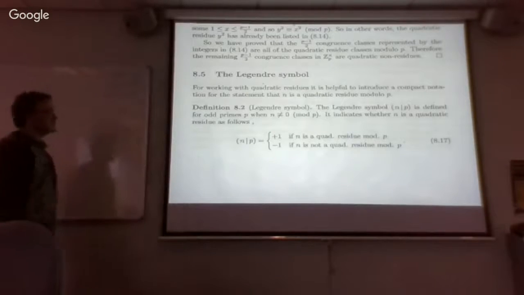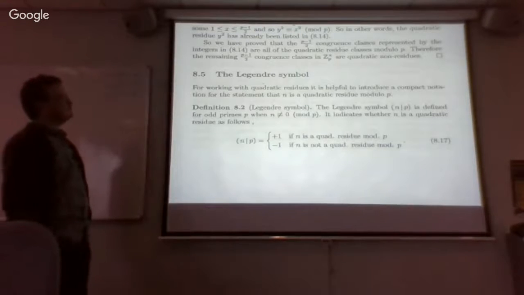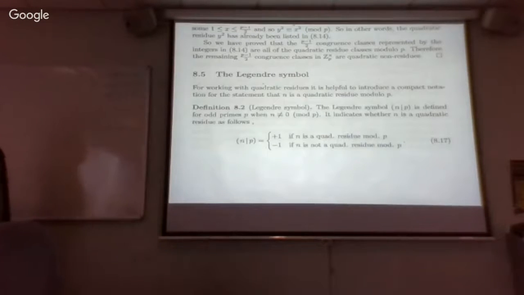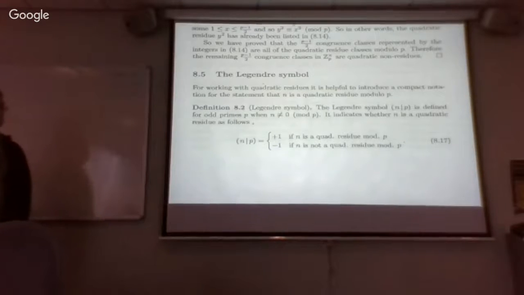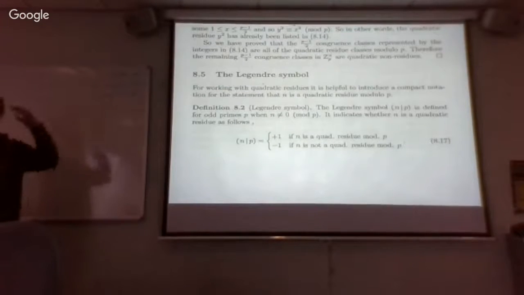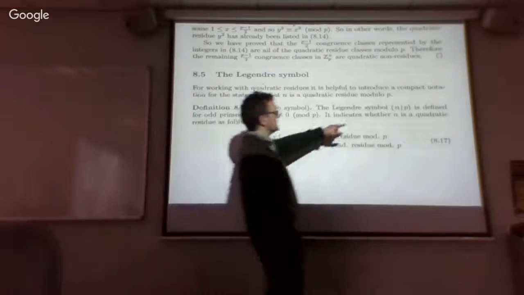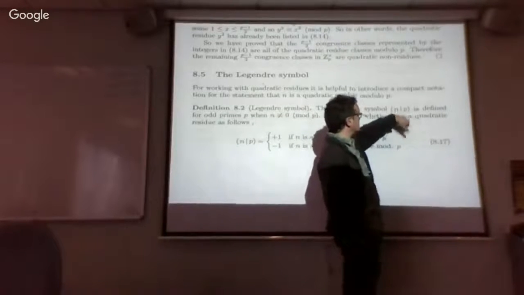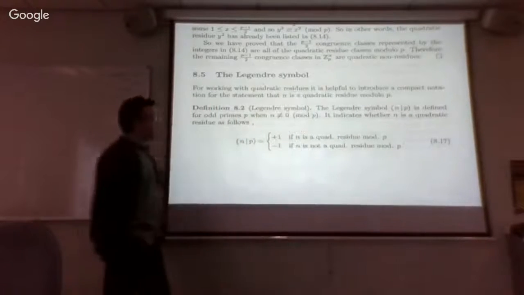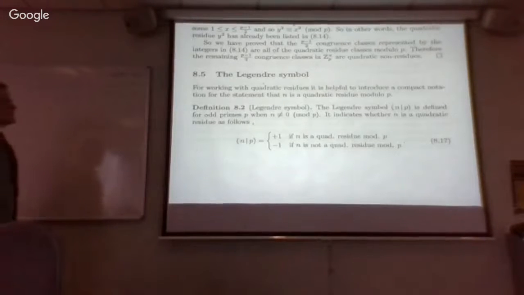This notation is called the Legendre symbol. At the moment it's just a piece of notation to indicate which things are residues and which things aren't. We present it as this bracket symbol, n and p in brackets separated by that straight line. That's called the Legendre symbol of n and p.